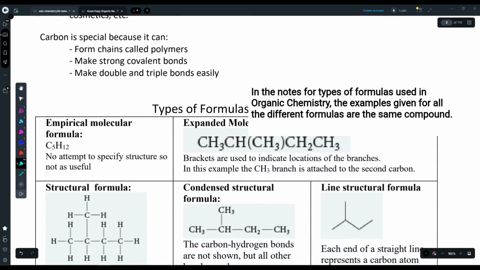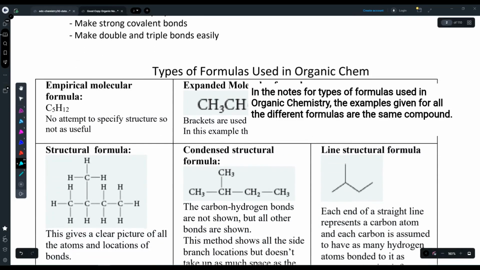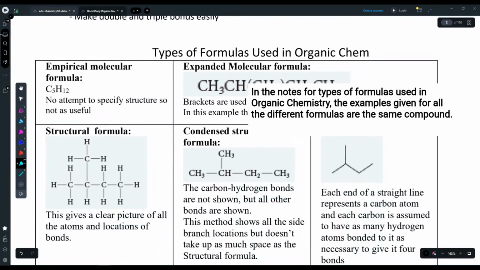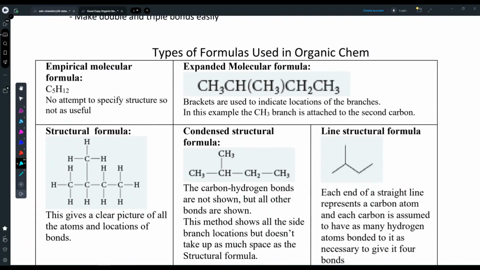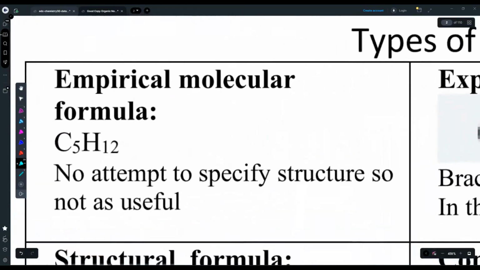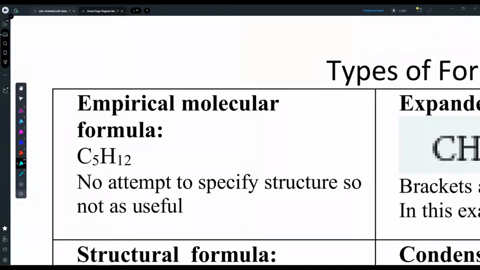Now, the types of formulas that we're going to be using in this unit, there's a few different ones here, but we're going to be focusing mostly on the last three when we are drawing. The first one is going to be the empirical molecular formula. This is probably what you're used to from Science 10 or Chemistry 20.